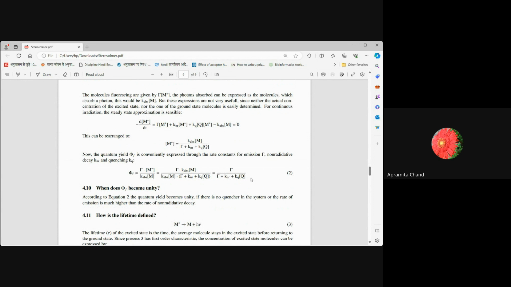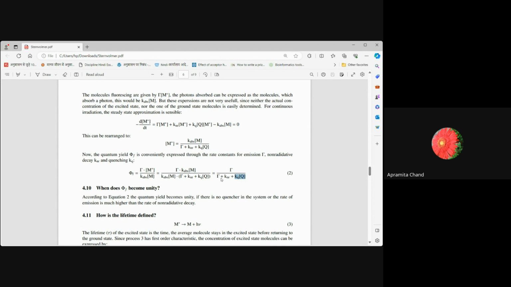Now the question comes: when does phi f become unity? If there is no quencher in the system, or the rate of emission is much higher than the rate of non-radiative decay, then it will be unity. Carefully look at phi f equal to this expression. If there is no quencher in the system, the KQ term becomes 0.